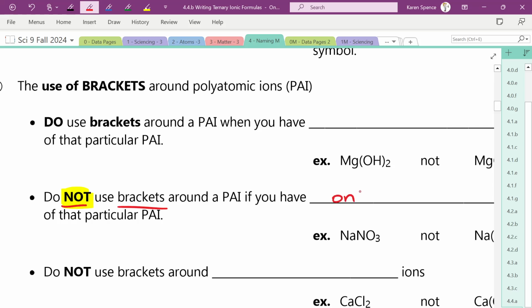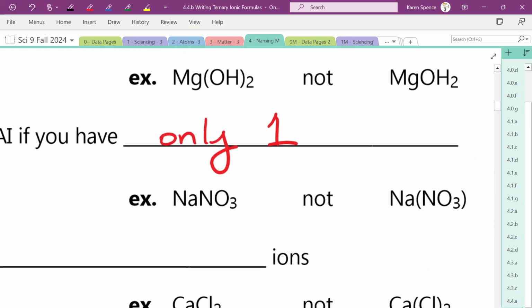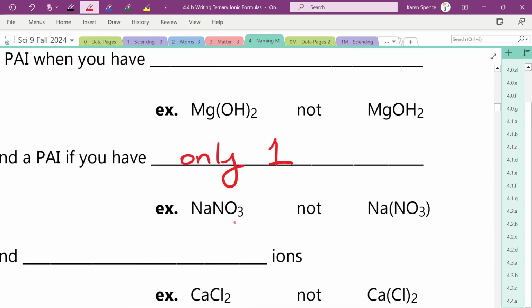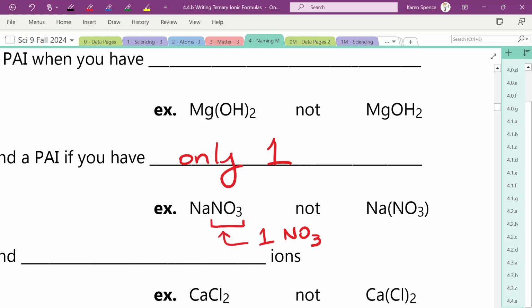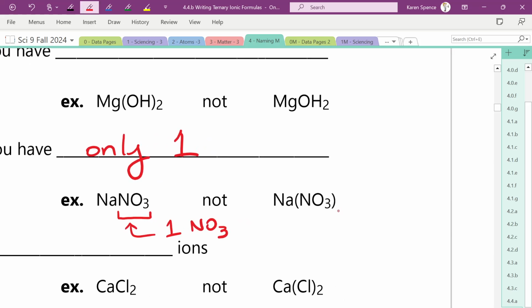So let's say you have NaNO3. That tells me that there is one NO3 and there's no brackets. We do not put brackets and then have no number on the outside. Brackets must always have a number on the outside.